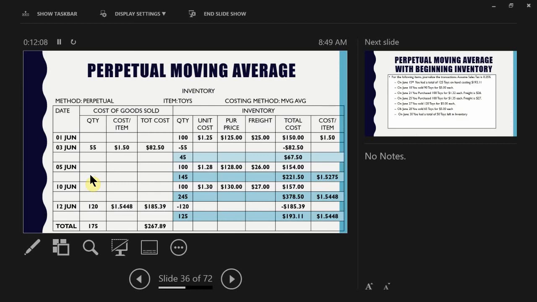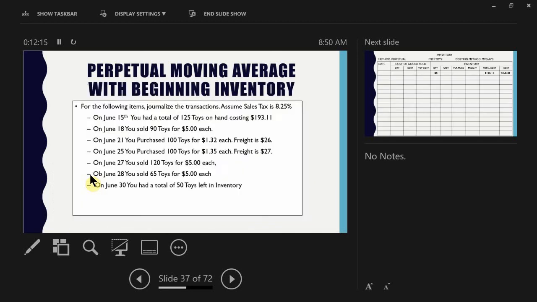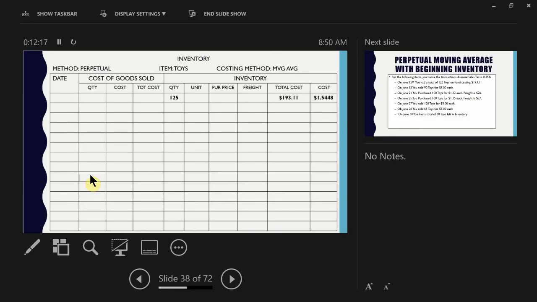So we know it's 193.11 at $1.5448. All right, so we're gonna go ahead and carry that over here into our worksheet. So I have it here in the middle part. That's fine. So here I have my 125. It's going to cost me 193.11, and my average cost is going to be the $1.5448.